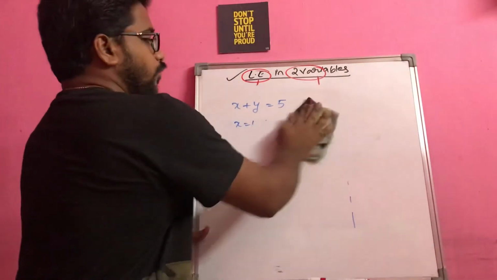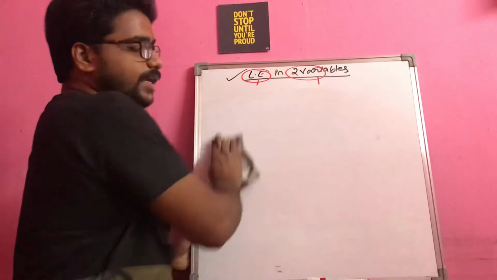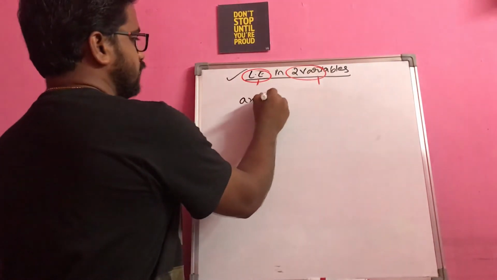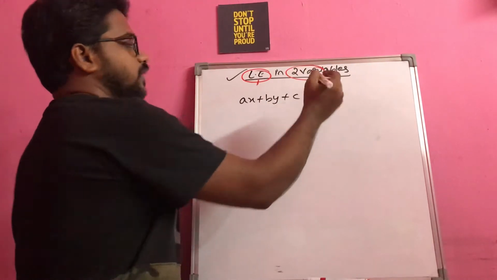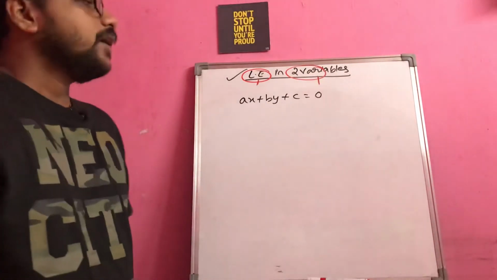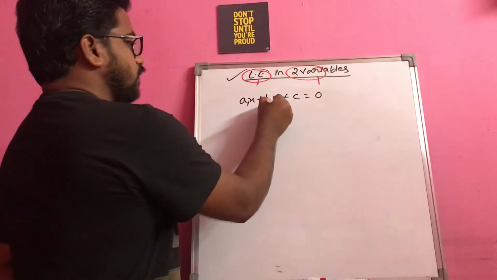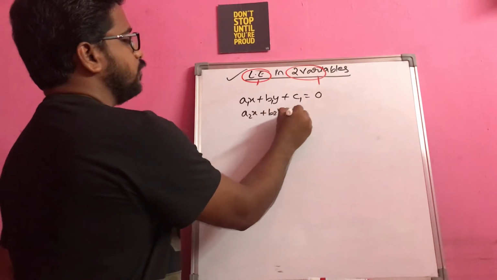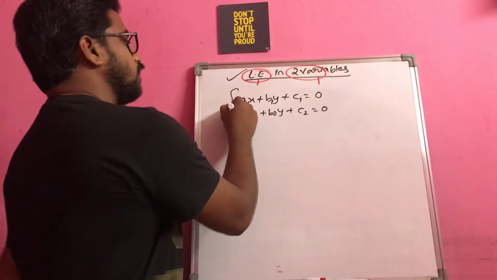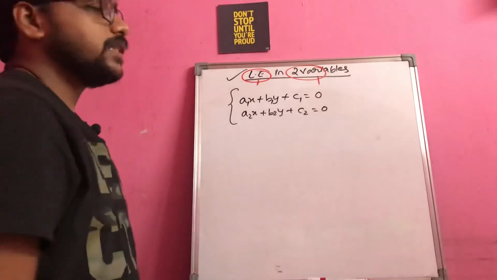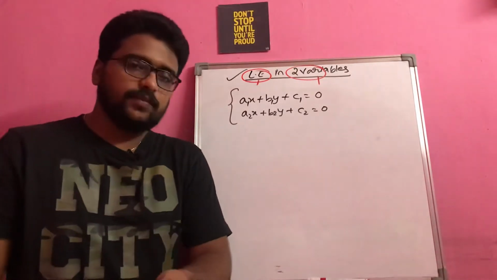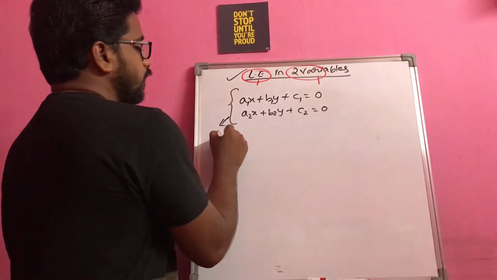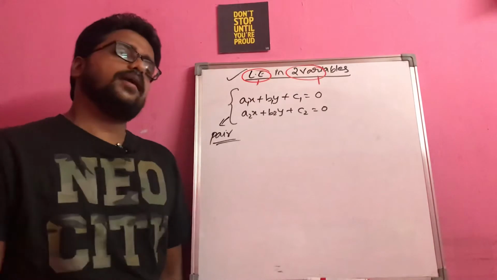We already discussed just now that any linear equation is of the form ax plus by plus c is equal to 0. This is the standard equation of a linear equation. Now if I have two equations, a1x plus b1y plus c1 and a2x plus b2y plus c2 is equal to 0, this is called a system of equations. A system of equations means more than one equation, and these are called a pair of linear equations. Why do we call it a pair of linear equations?